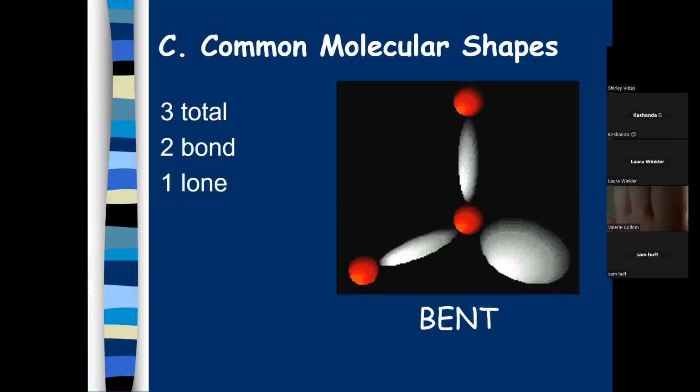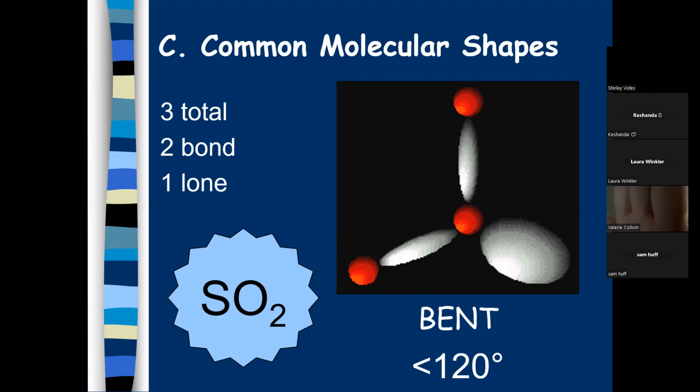So basically, all you're looking at is not the lone pair. It's just the atoms that are present. And that's why I said this comes from a molecular shape. See, molecular shape. Okay, and the degree is less than 120 degrees because those atoms are trying to get away from that lone pair. An example of it is SO2.